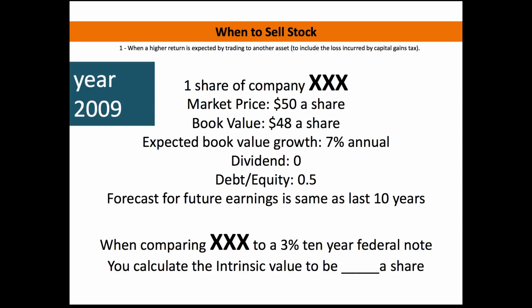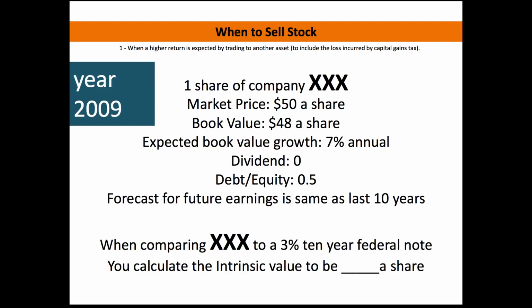And you have gone through all those different techniques that we learned back in Course 2, Unit 3, to assess the expected book value growth and all that, so that you can calculate the intrinsic value. I'm showing you those key terms that you need to know in order to figure that out. The expected book value growth on this company, based off of past performance and future earnings, is going to be 7% annually.